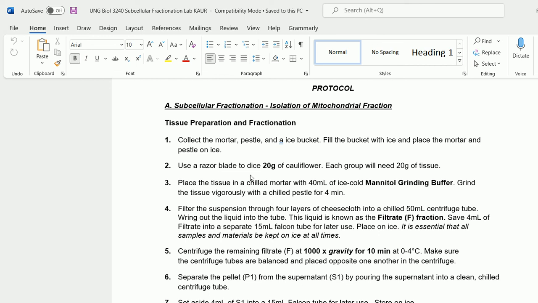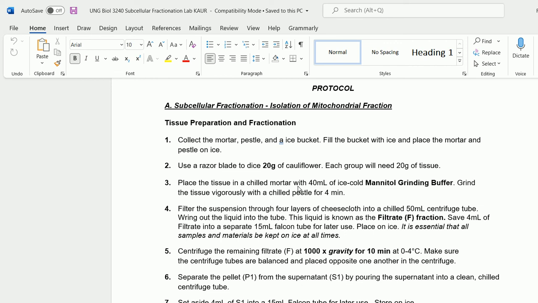You will be filtering your suspension, because any part of your cauliflower which has not gone to homogenate should not become part of your experiment, and we want to remove it. It will all be filtered through the cheesecloth. This liquid is known as filtrate, and this is our F fraction.